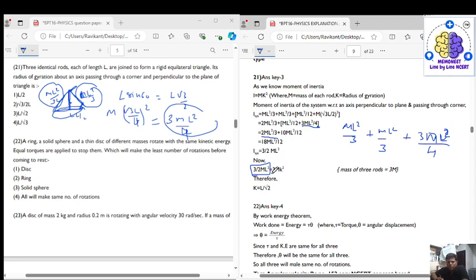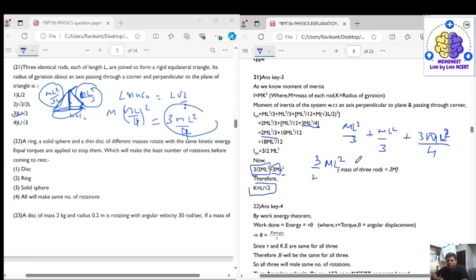Total mass is equal to 3m. So 3m into k square is equal to 3 by 2 mL square. So from here we get the value of k as L by root 2. So the correct answer for this question number 21 is option 3, right? Net moment of inertia we got 3 by 2 mL square.